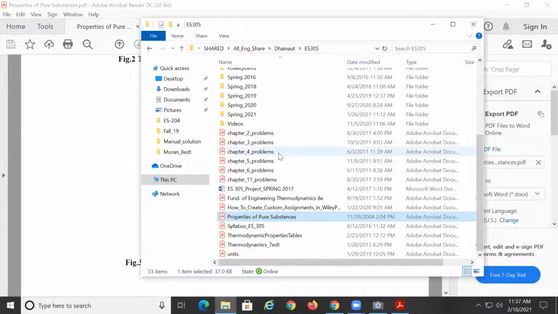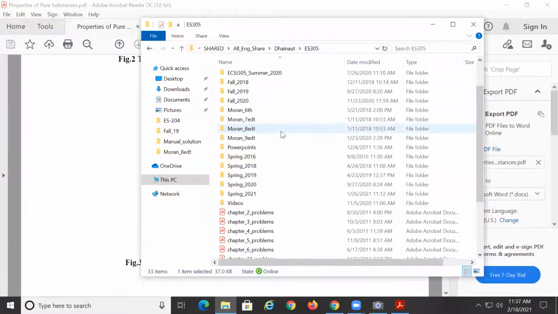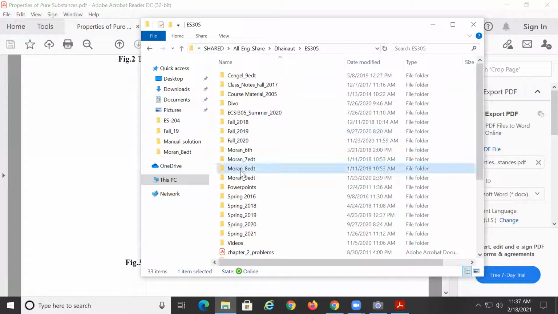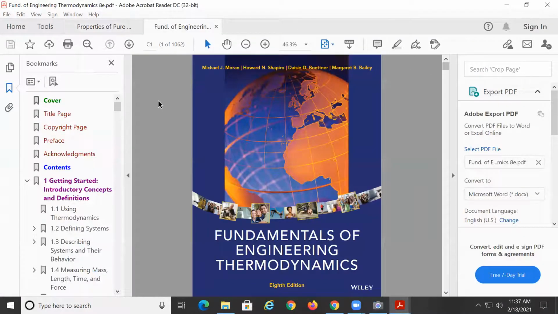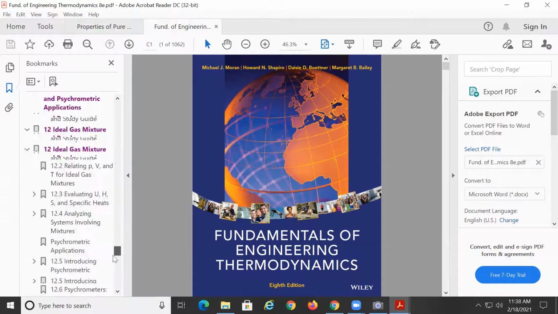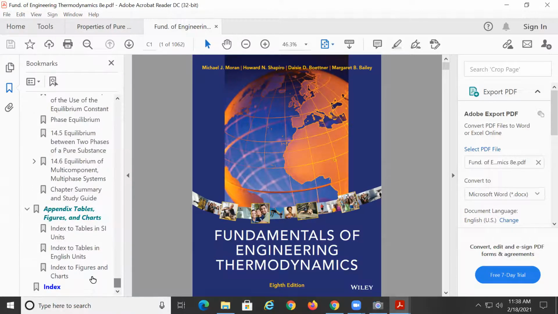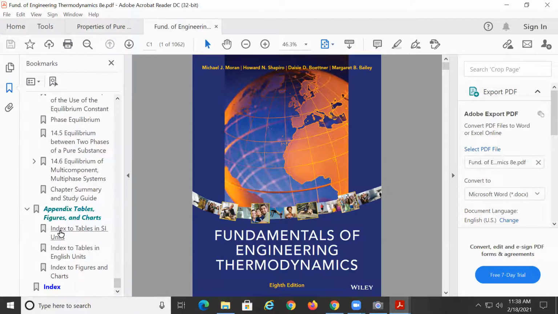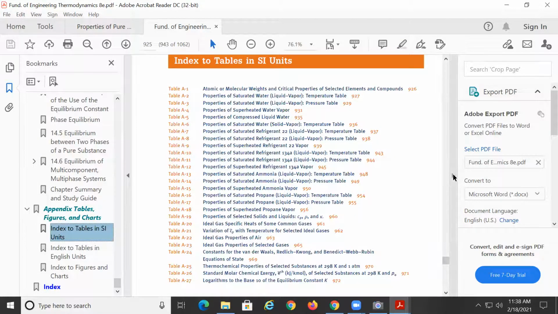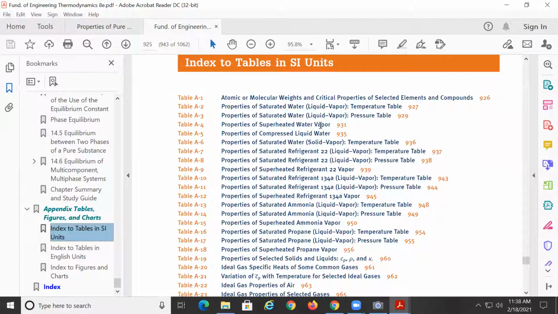So now if we go to the textbook, all right, what do you see over here? Properties of saturated liquid vapor, correct?